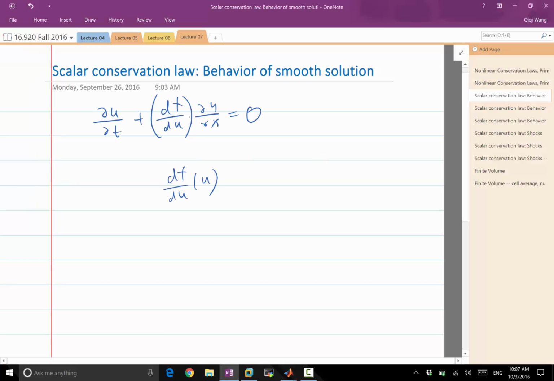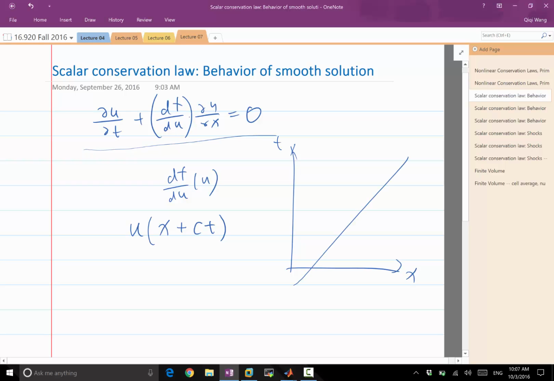Mathematically, let's do a little bit of analysis. If we look at the differential equation, what we can do is write the solution u at a particular x plus ct. So let's look at the value of the solution along a straight line on an xt plot.